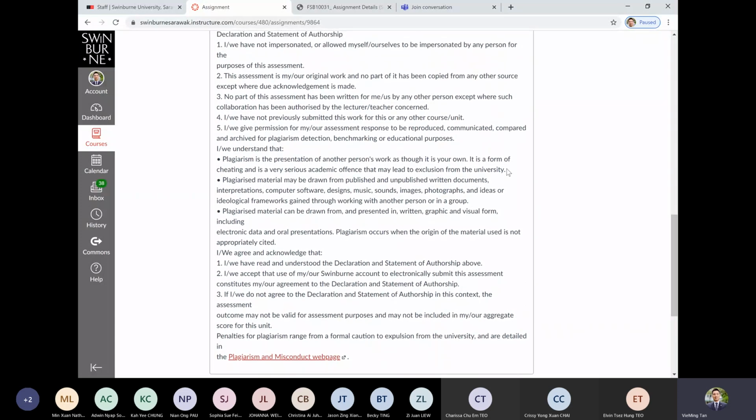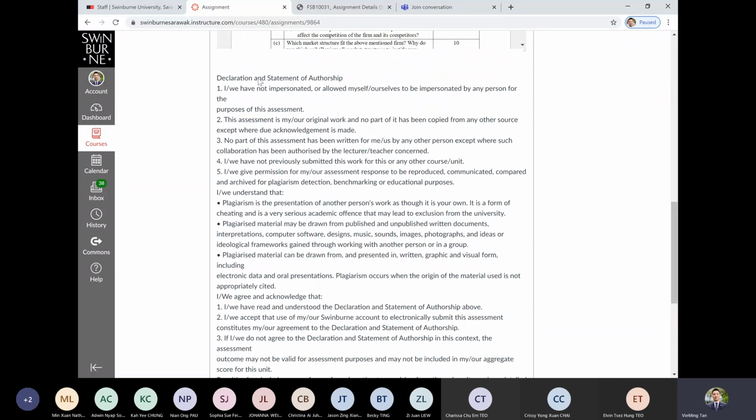Actually, all these things here were the content of the cover sheet last time, so that the students would declare all of this before submitting the assignment. But starting from this semester, students do not need to submit a soft copy of the cover sheet anymore. You just need to read the instructions on plagiarism on the Canvas website.